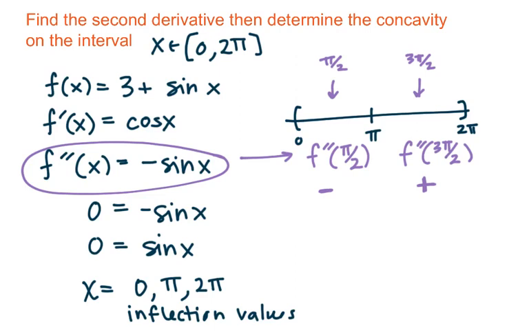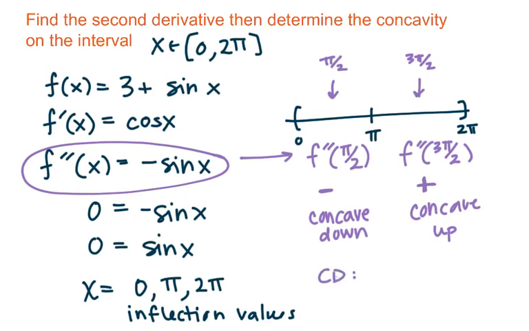So where the second derivative is negative, we know the graph is concave down, and where the second derivative is positive, we know the graph is concave up. So my answer here for concave down, I'll just write CD.